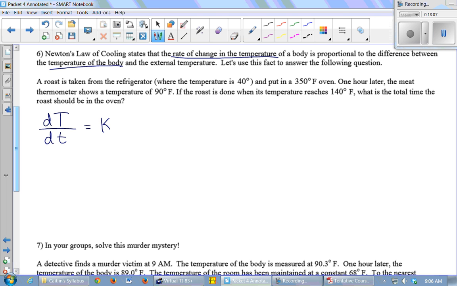The difference between the temperature of the body, which is a changing quantity represented by capital T, and the external temperature that we're putting this roast into, which is 350 degrees.